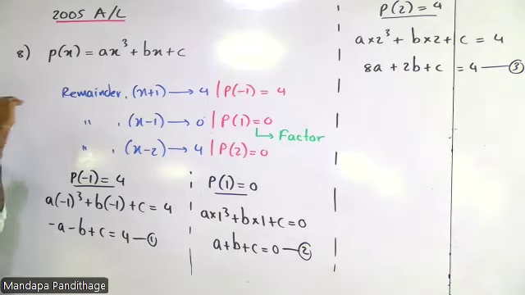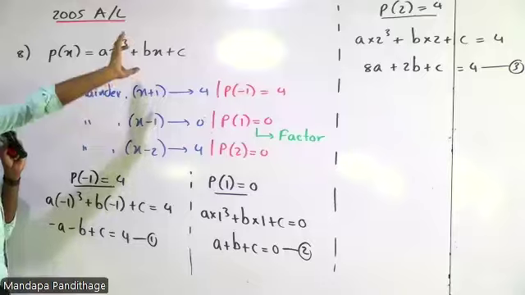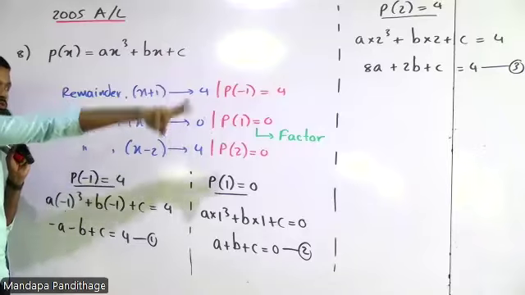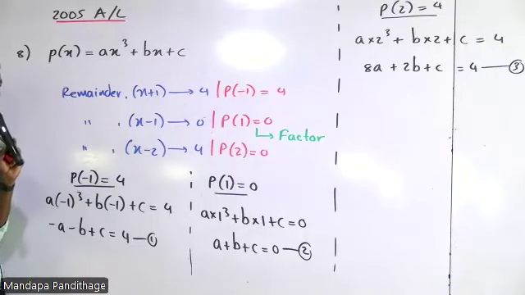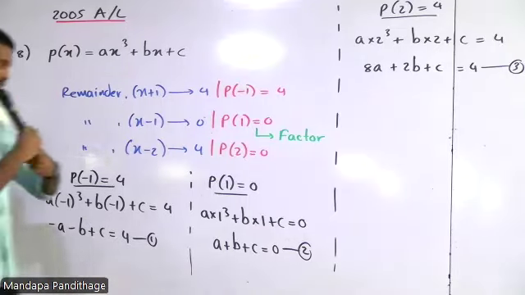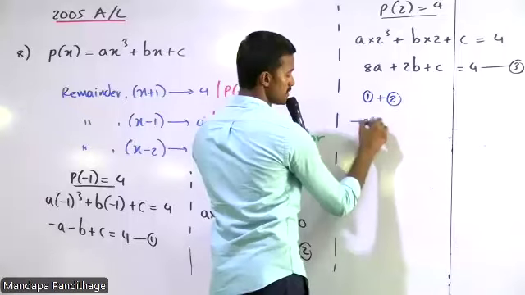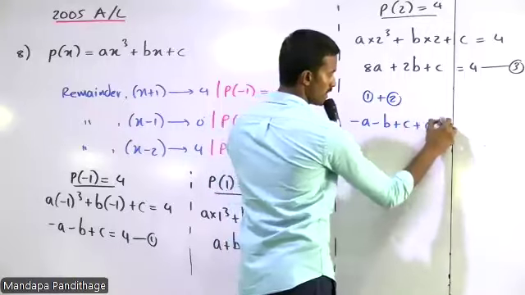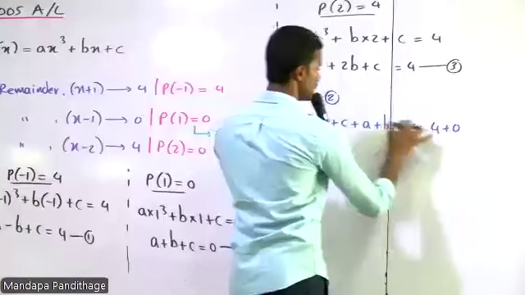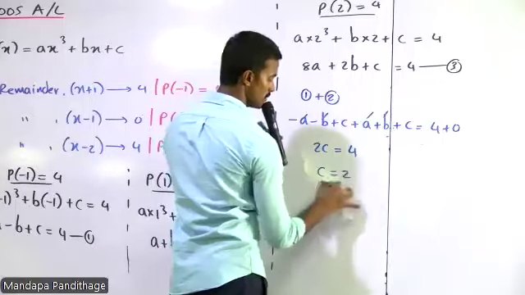So when you find one value, that's already done. 4 plus 0. Then I have 2c is equal to 4, which means c is equal to 2.